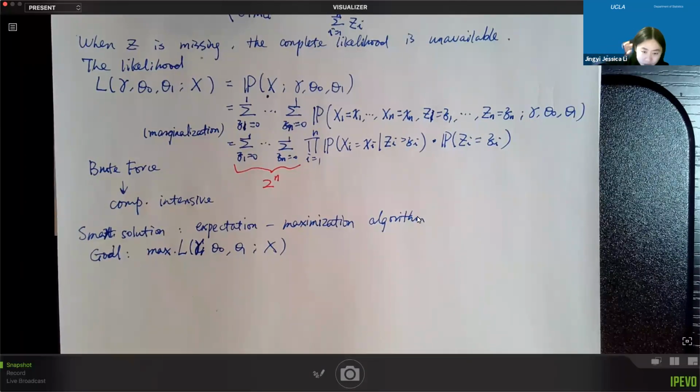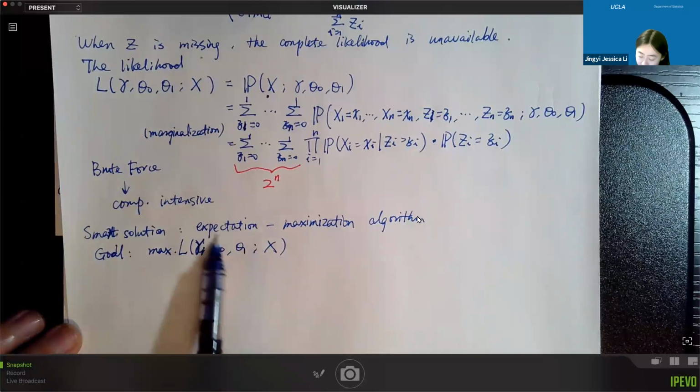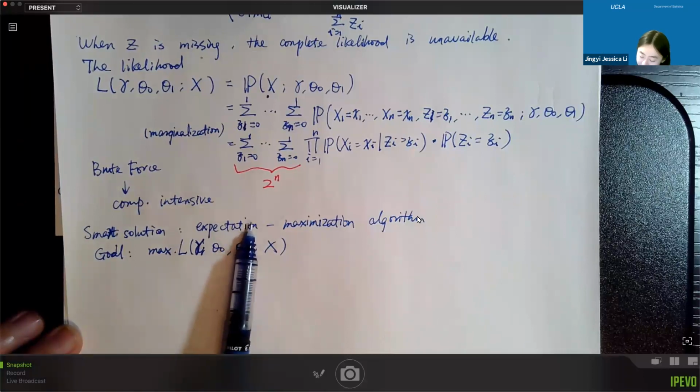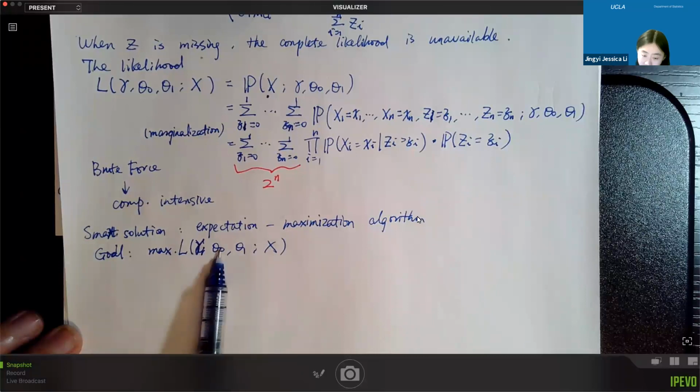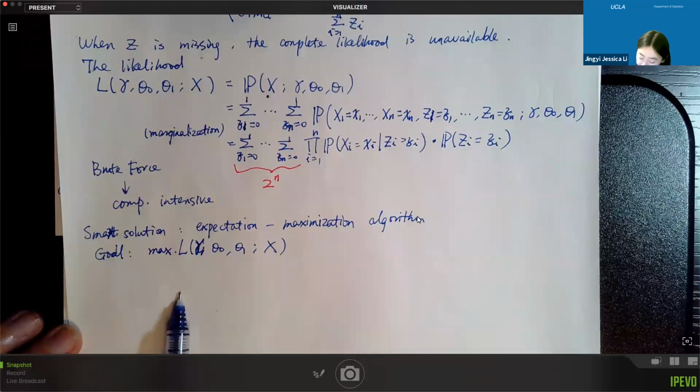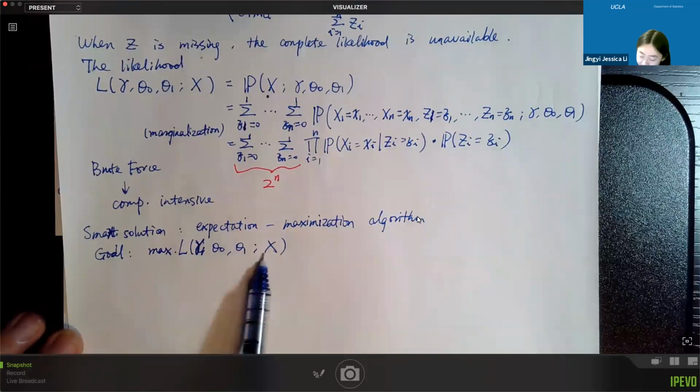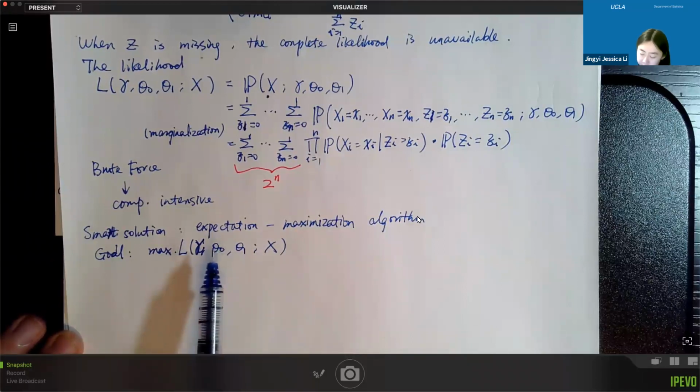In short, for the expectation step, we try to find the expectation of our log likelihood with respect to the missing variable Z. That gives us the expectation given the data X and the current parameter values gamma, theta 0, theta 1.